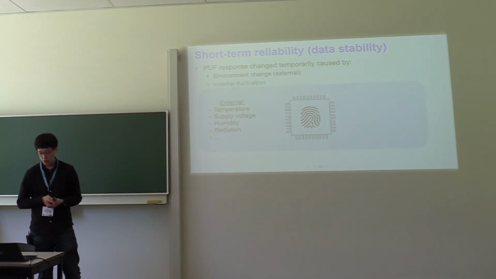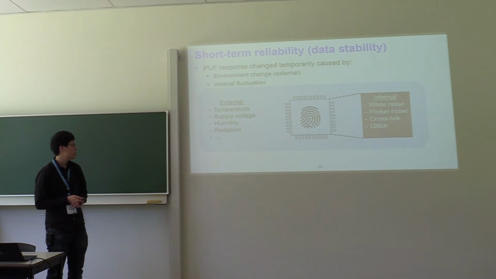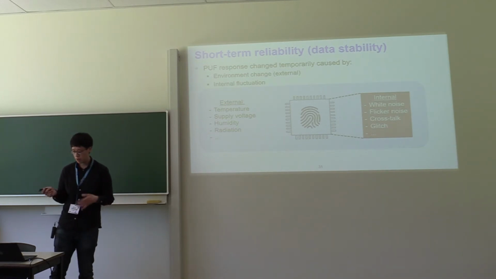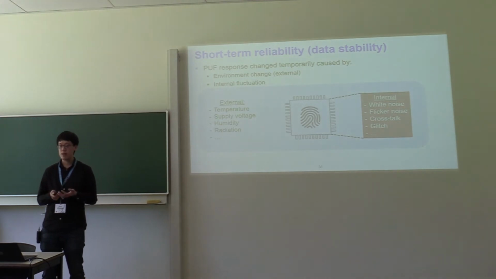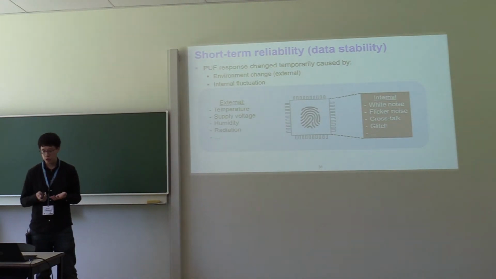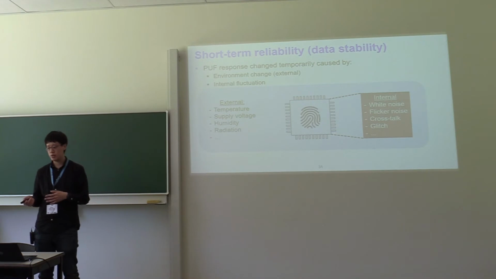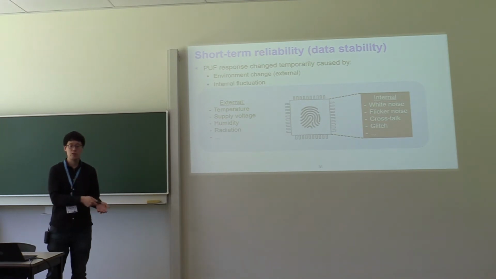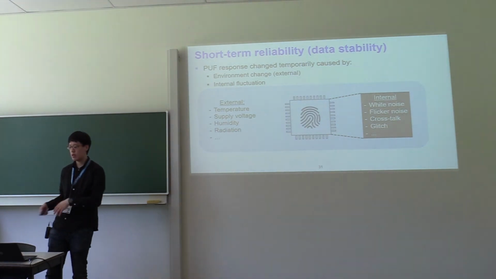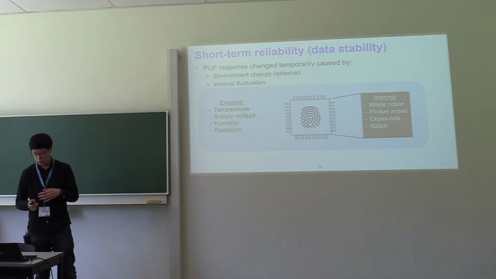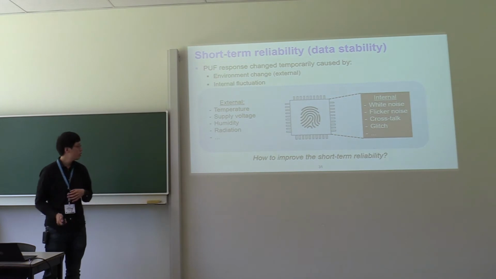They are also caused by internal fluctuations, such as white noise, flicker noise, and crosstalk, and so on. These effects change the path readout, but not permanently. It's just like from this cycle to the next cycle it's different, but maybe in a couple of cycles later it comes back again.